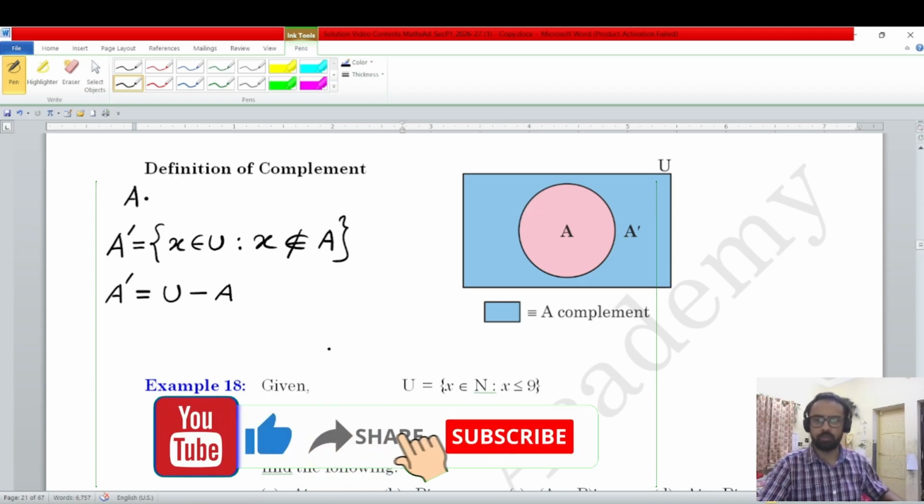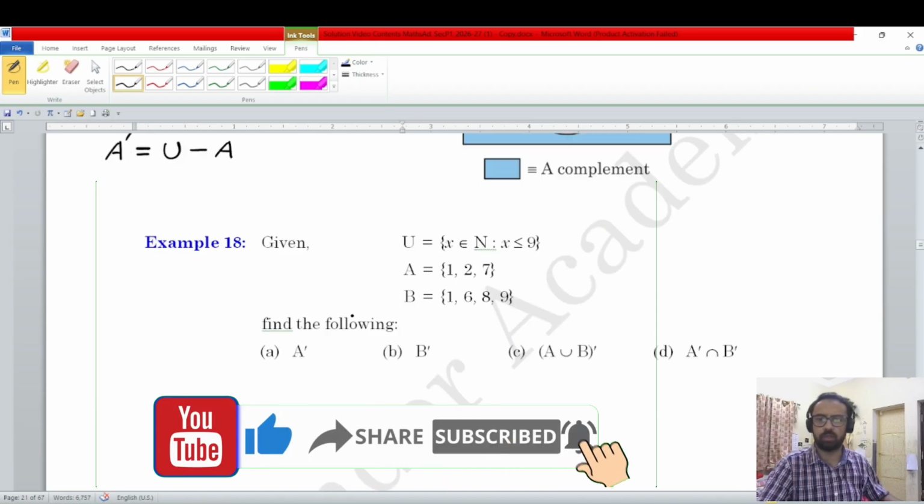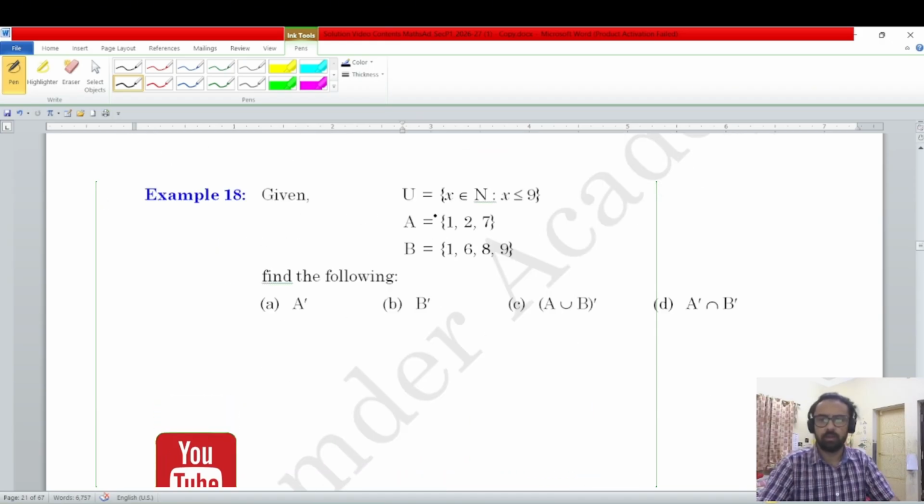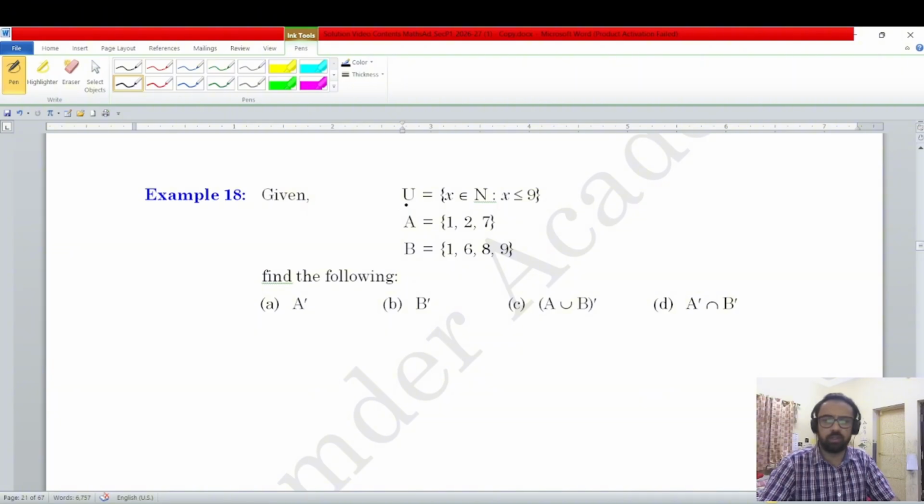Let us take an example to understand it more clearly. Say, given universal set: x belongs to N such that x less than or equal to 9. So basically your elements here are 1, 2, 3, 4, 5, 6, 7, 8 and 9. These are the elements in the universal set. A equal to {1, 2, 7}, B equal to {1, 6, 8, 9}.